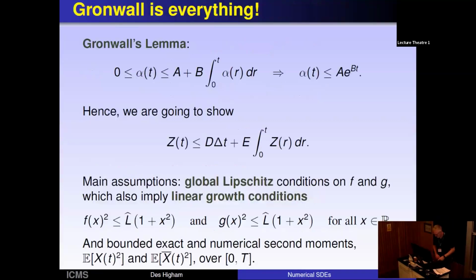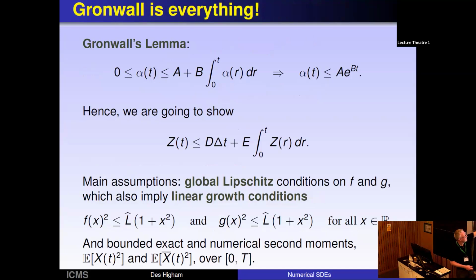So we can now start thinking about how to prove things. And we're going to use the Gronwall inequality. This is something you may have seen in a slightly different setting. There's a differential version. There's also a discrete version. We're going to use the integral version of Gronwall's inequality. So this is deterministic.